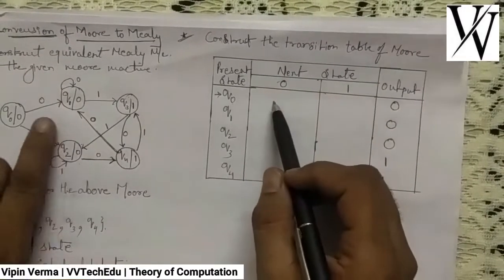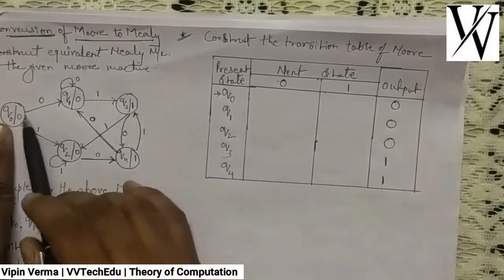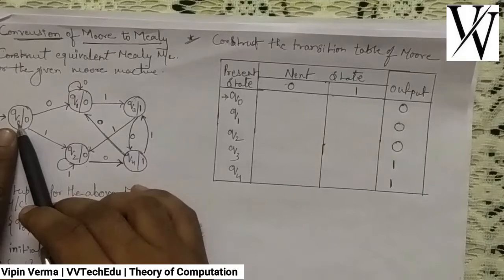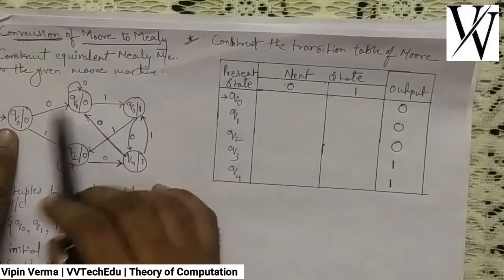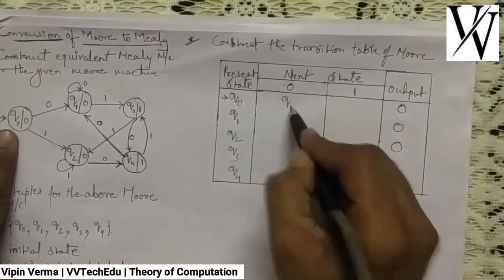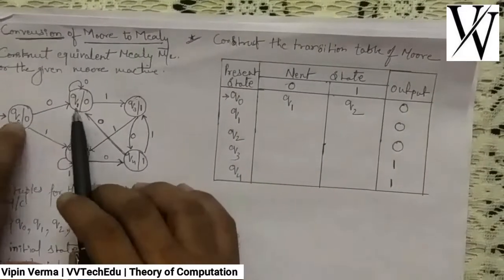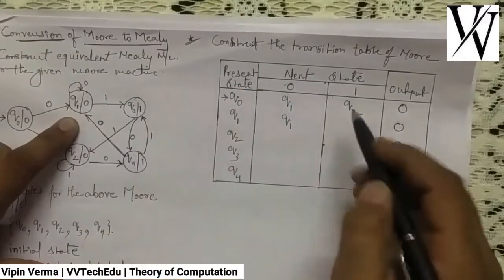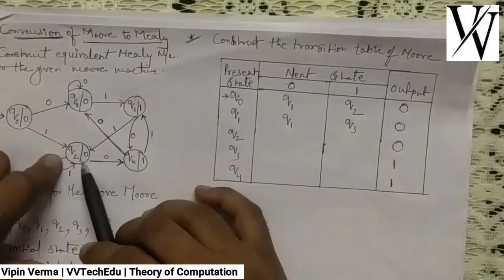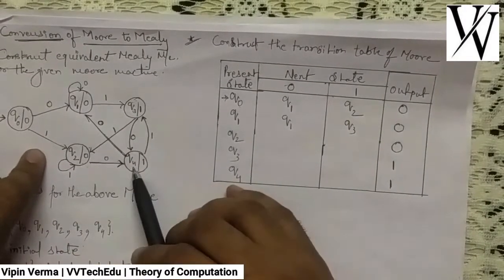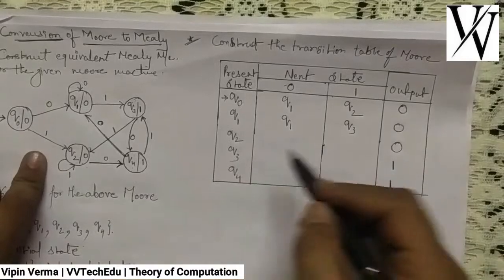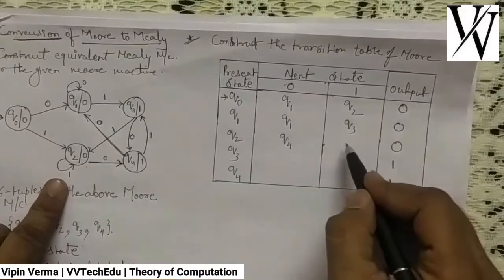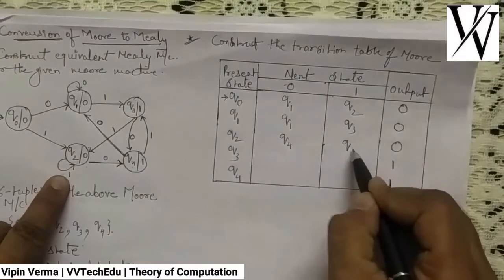Now the transitions are, quickly we write the transitions for the given machine. For the Q0 state, for 0 and 1, it goes to Q1 and Q2 respectively. Now for Q1 state, for 0 self loop, and for 1 it goes to Q3. Now Q2, for 0 it goes to Q4, and for 1 it is Q2 itself.